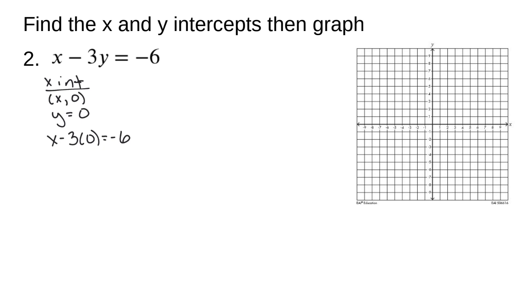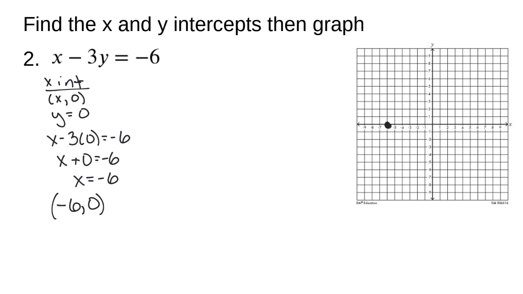So for this one, -3 times 0 is just going to be 0. And x plus 0 is just x. And so we know the x value would be -6 when the y value is 0. That is our x-intercept. So that tells me it goes through the x-axis right here at -6.